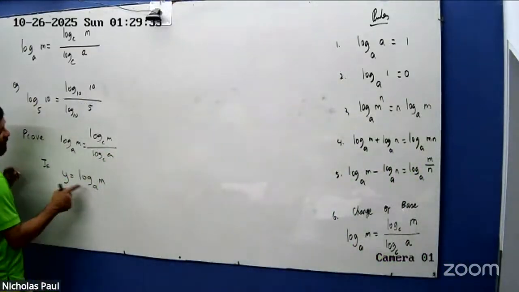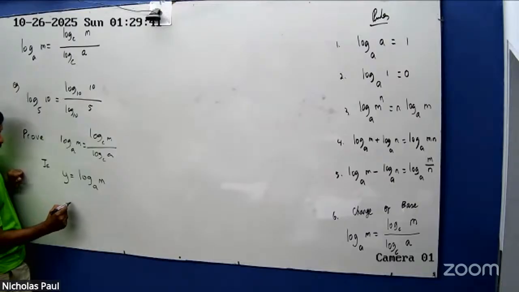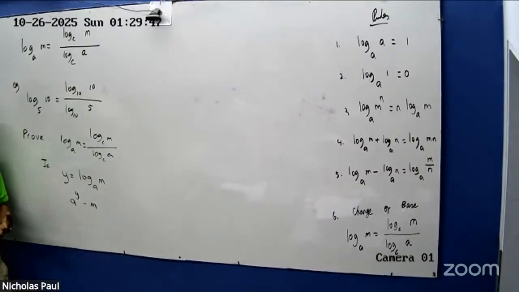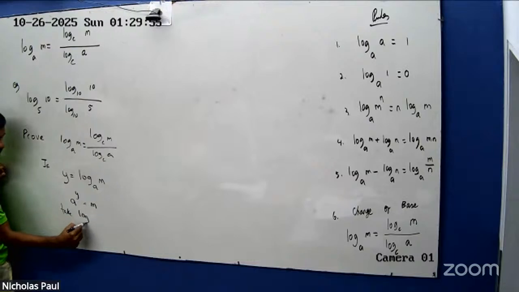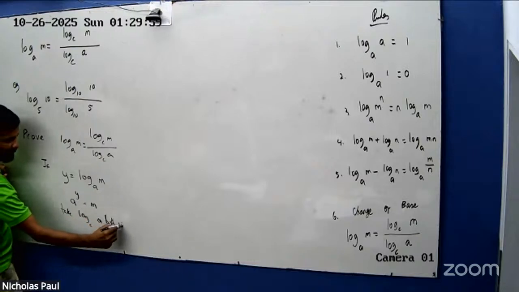So if you convert this to the exponential form, it becomes a to the y is equal to m. But I want to introduce this log to the base c thing here, so let's take log to the base c on both sides.